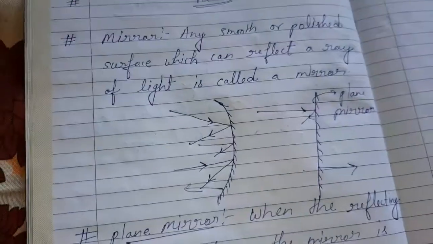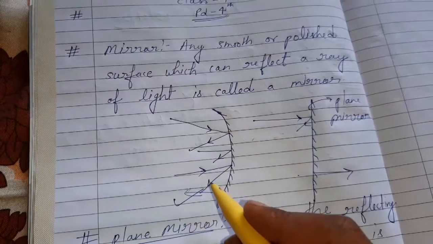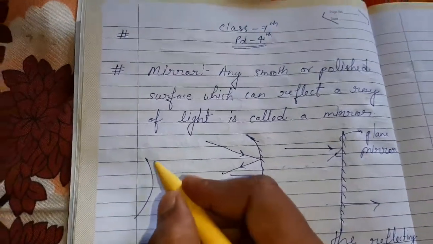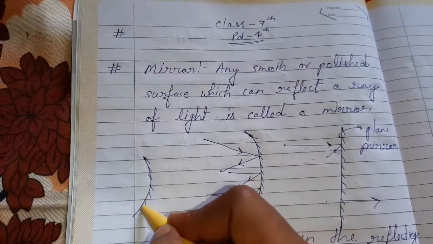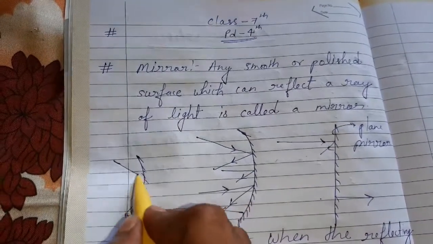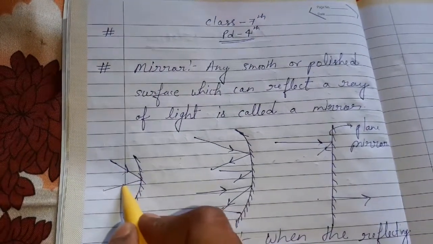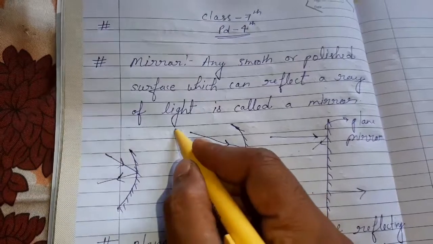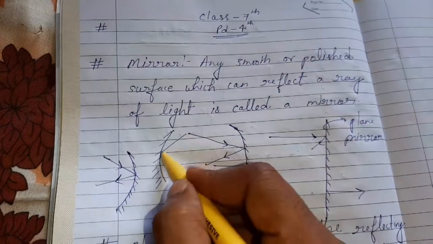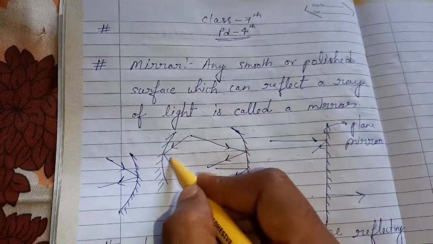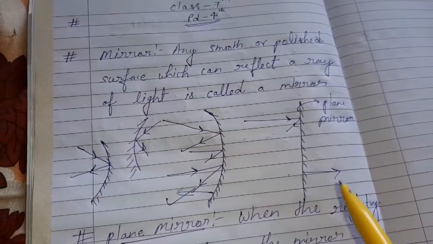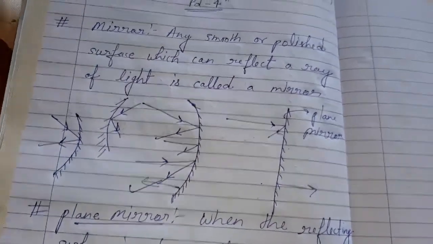Both are important. Here is the example of a spherical or curved mirror. On the back side there is a coating of some substance, and this is the reflecting surface. This is the example of a spherical mirror, and this is the example of a plane mirror.